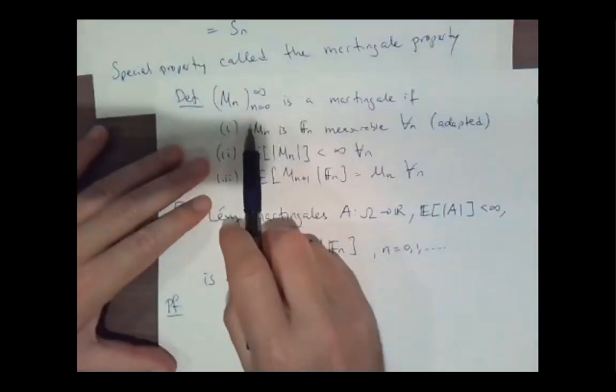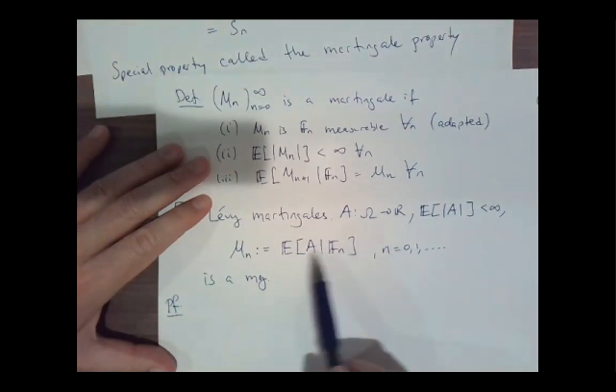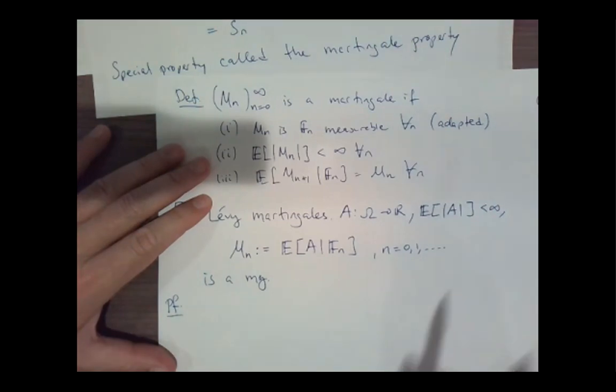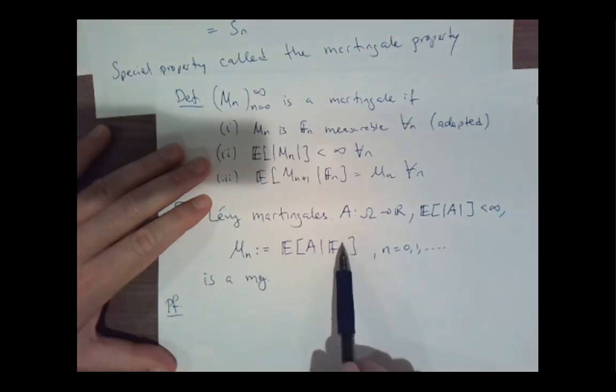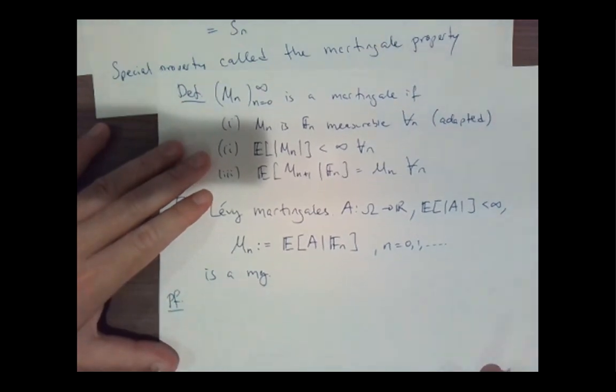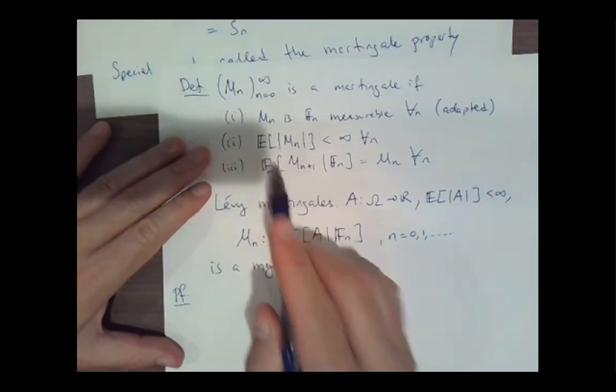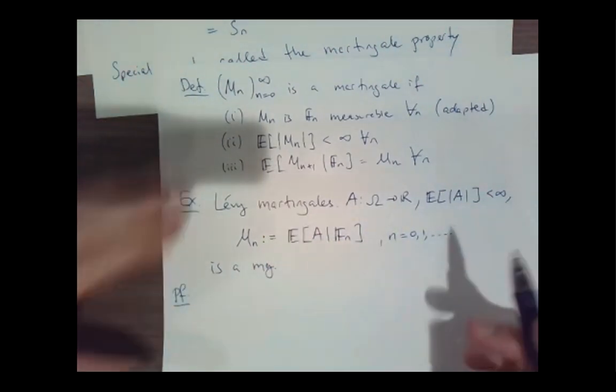The first step is that it has to be measurable, but this is okay because it's a conditional expectation, and one of the two properties of a conditional expectation is that you're measurable with respect to what you're conditioned on, so that's okay. The second property is that it also has to be integrable.